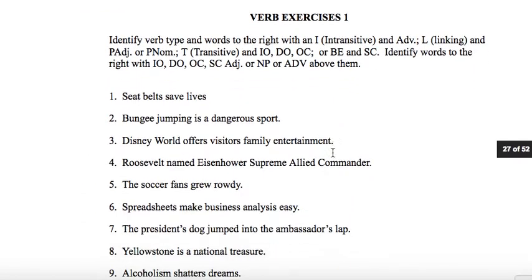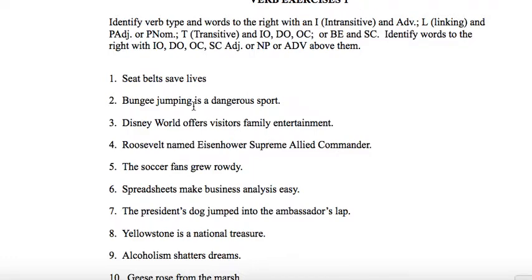So when we go down to our verb type exercises, let's do some of these together. So we're going to look for the verb first, save. Then we're going to look to the right of that, lives. We can see that this is a different noun than the subject, seatbelts. So we can call that a transitive verb, and then lives would be the direct object.